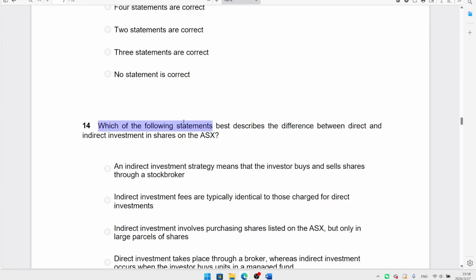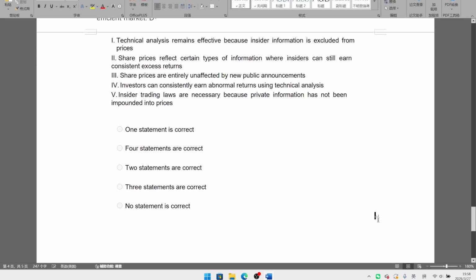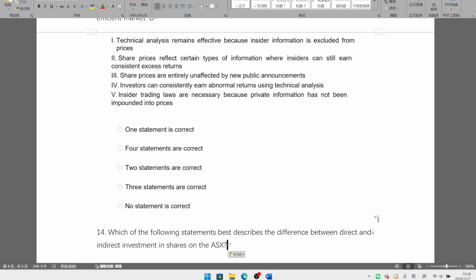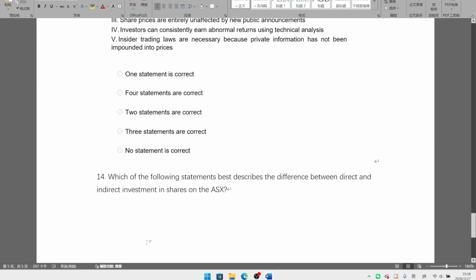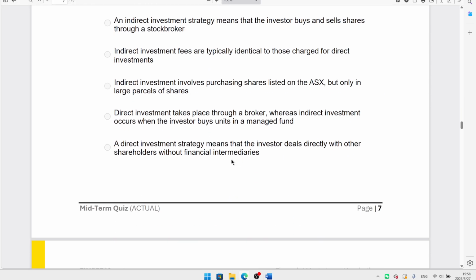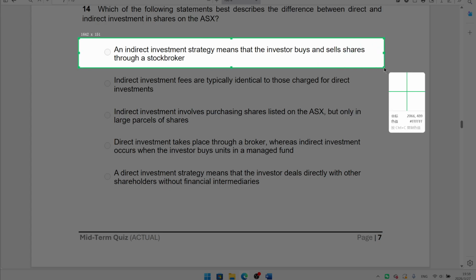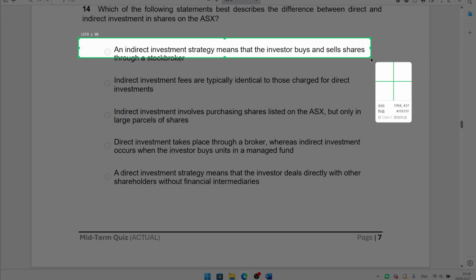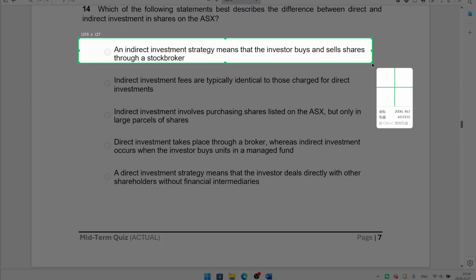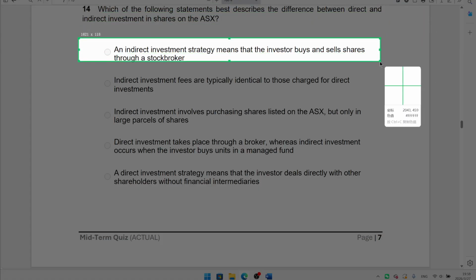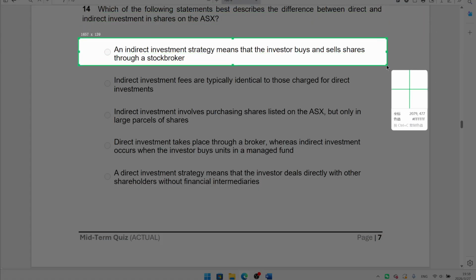Correct. Which of the following statements describes the difference between direct and indirect investments? It looks much easier than the former one. So let's go. Indirect investment means that the investor buys shares through an intermediary.